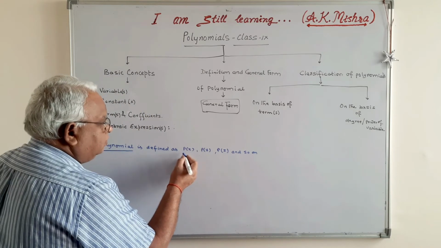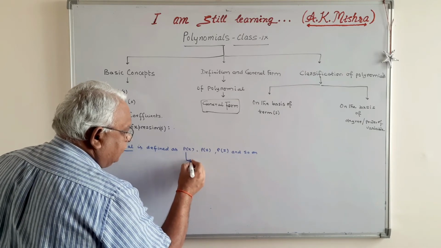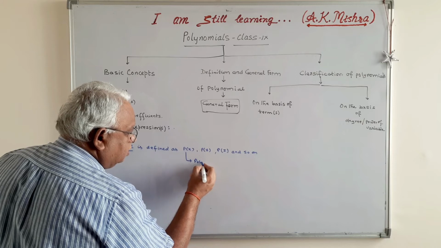P stands for polynomial, as x stands for variable. Like this means polynomial using variable x.